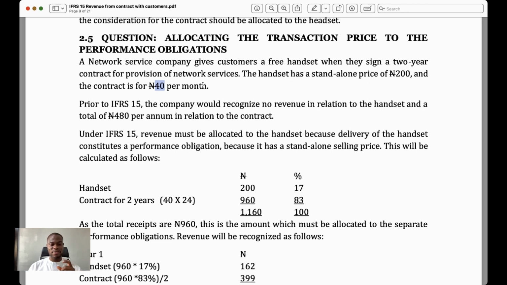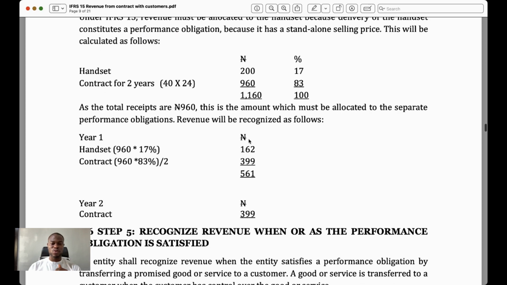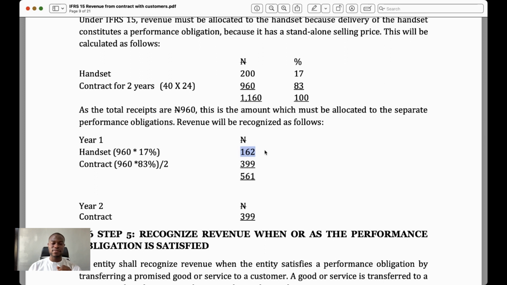But because the handset is a distinct performance obligation, you have to allocate revenue or transaction price to it. So we are going to recognize 162 relating to the handset. And that's the idea about allocating transaction price in proportion to standalone selling prices of each distinct performance obligation.